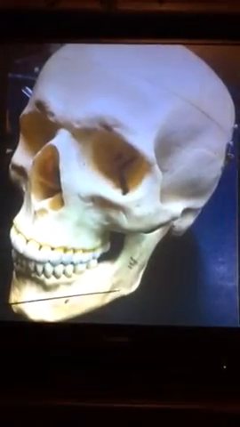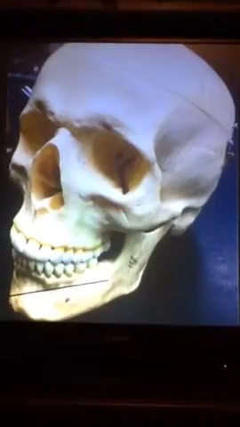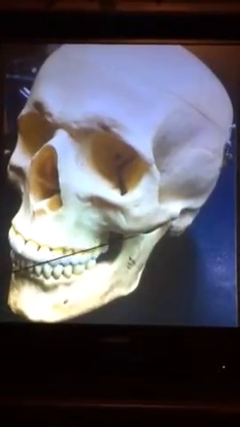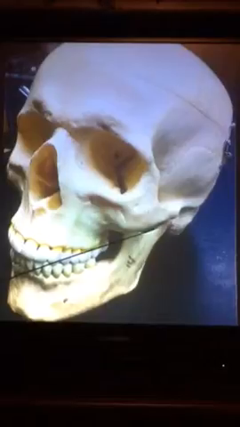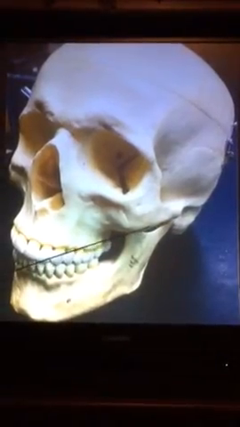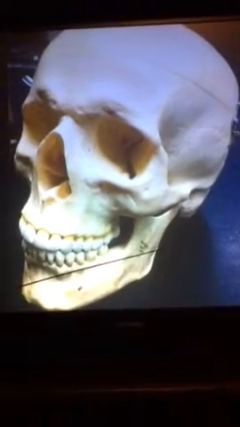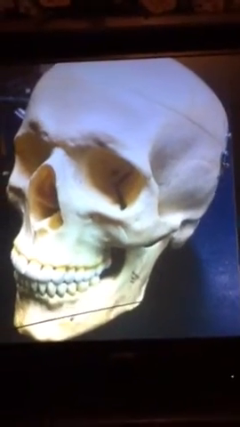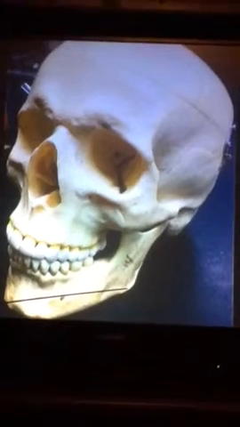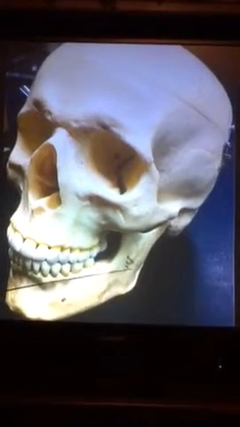Now let's take a look at the mandible. This notch right above here is the mandibular notch. The angle right above, below the mandible is the mandibular angle.